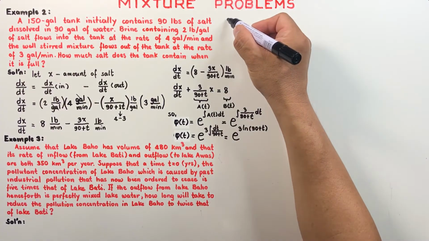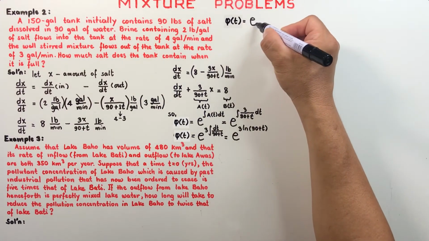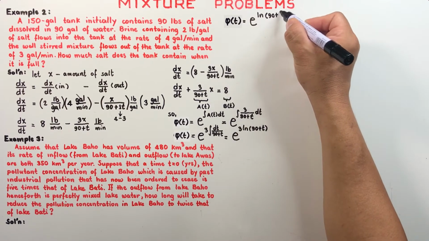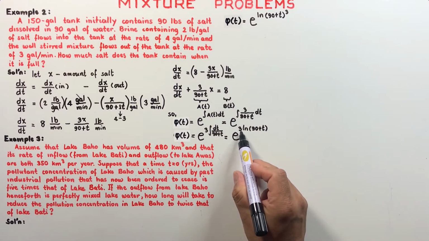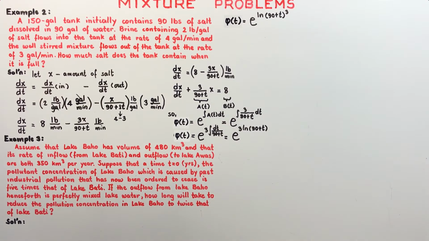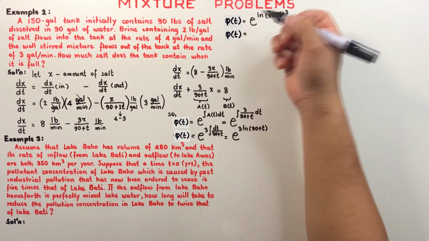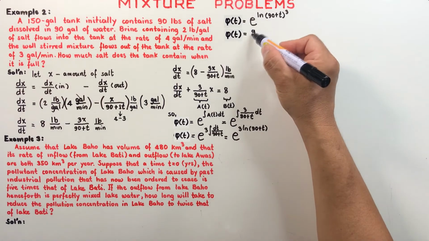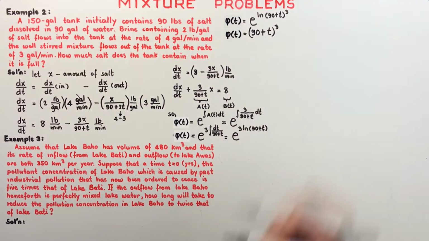So our integrating factor is e to the power of 3 times the natural log of 90 plus t. By applying the properties of logarithms, the 3 becomes the exponent of 90 plus t, and e to the power of the natural log cancel each other. So what remains is 90 plus t to the power of 3. This is now our integrating factor.